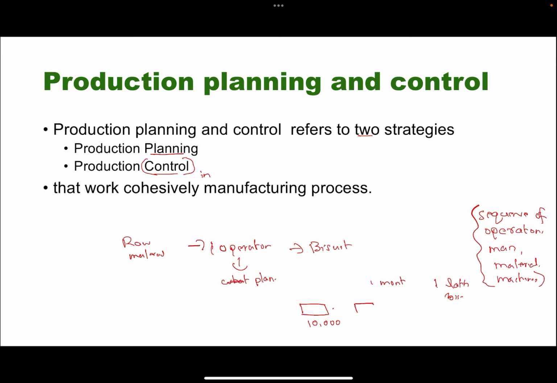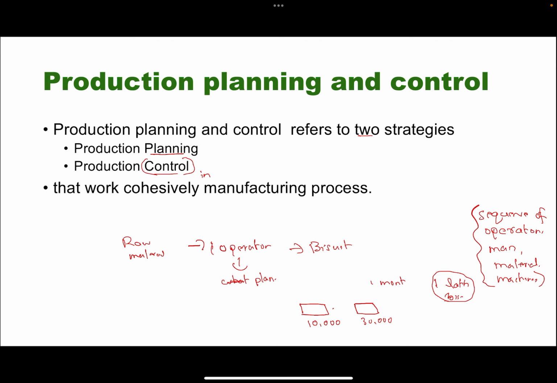That means if in the coming weeks we produce only 10,000, you will not reach the target of 1 lakh. In that case, you need to ramp up and enhance the production. Maybe you need to manufacture some 30,000 in the coming weeks.